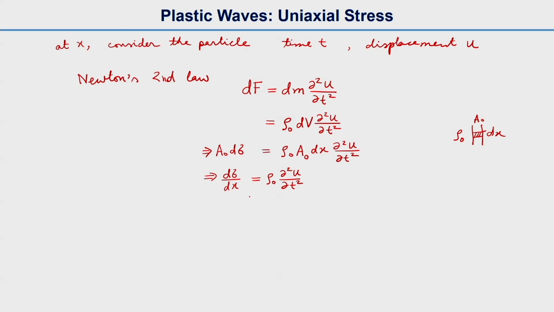Now we want to derive the wave equation from here, the plastic wave propagation equation. For that we want to get the wave equation in a form which is similar to the elastic wave propagation equation.